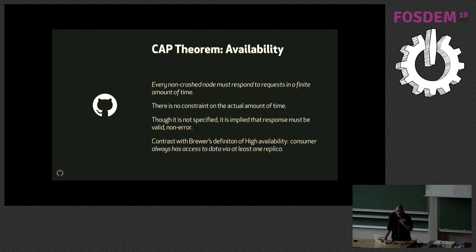Okay? Because only the non-crashed nodes must respond to requests in a finite amount of time. It is perfectly valid to declare such a crashed system as available according to these rules. Now, if I told you that we at GitHub are interested in availability and so we're crashing all our database servers to make GitHub available, you would say that this doesn't utterly make sense. Agreed? Okay, we continue.